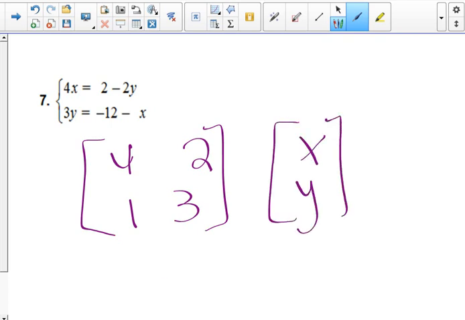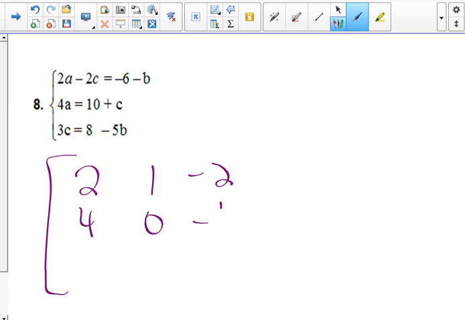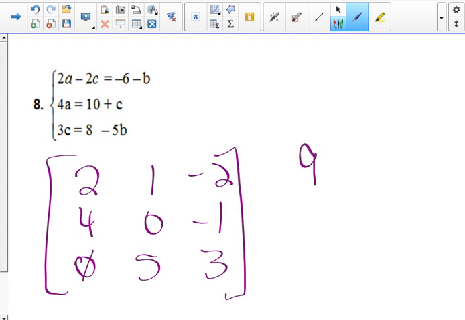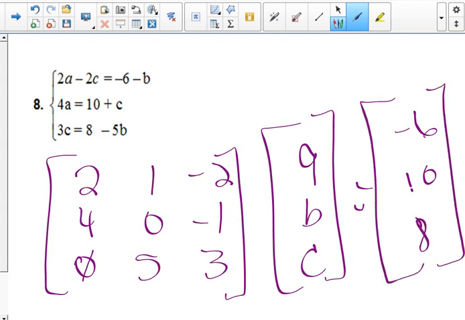Variable matrix, X, Y, equals your constant matrix, 2, -12. And then lastly, you're going to have coefficient 2, 1, -2, 4, 0, -1, and 0, 5, 3 as your coefficient matrix over A, B, C equals -6, 10, and 8. So coefficient, variable, and constant. Okay?